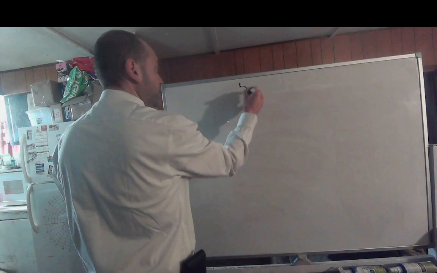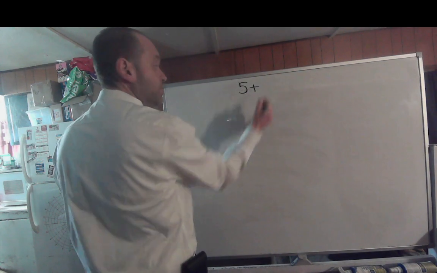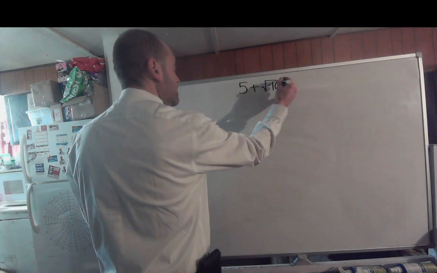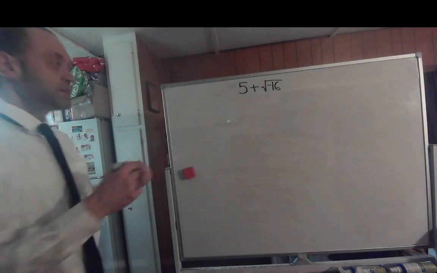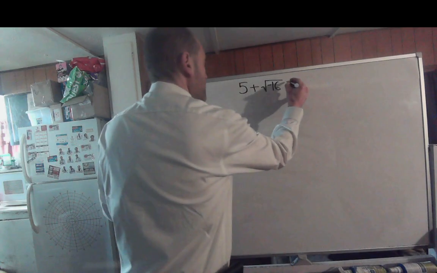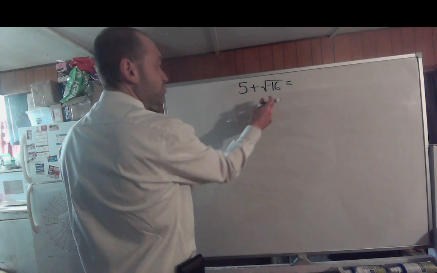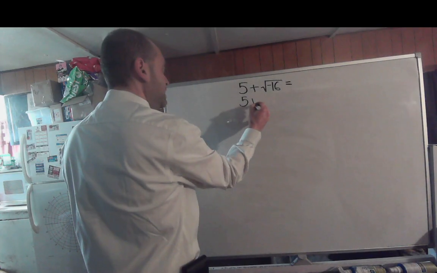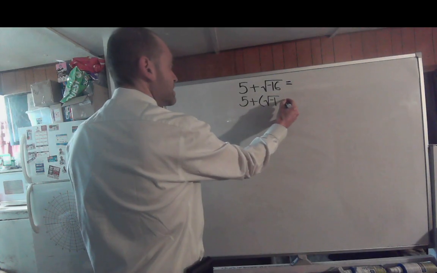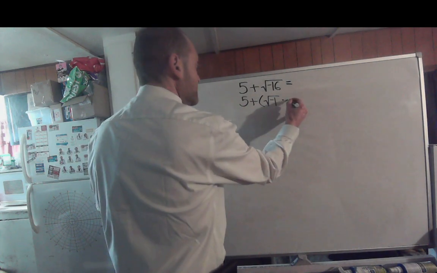Let's say you're asked to find the complex number in standard form. So you're given 5 plus the square root of -16. Well, isn't it true then that this would break down into 5 plus the square root of -1 times the square root of 16?